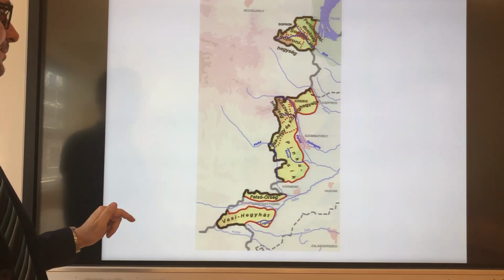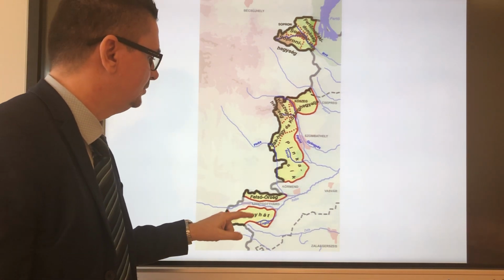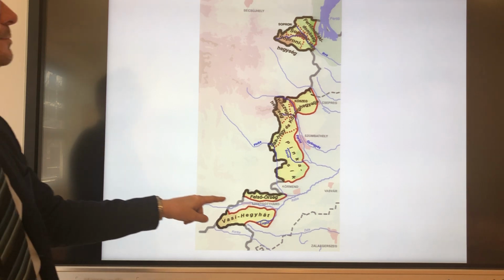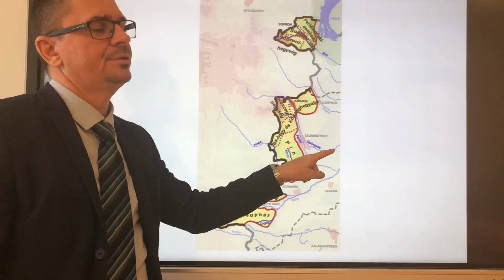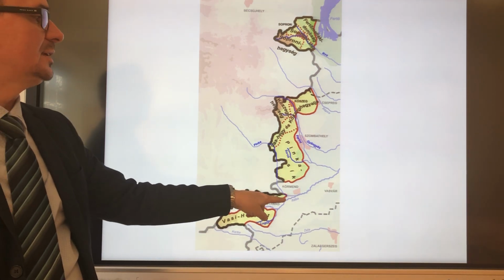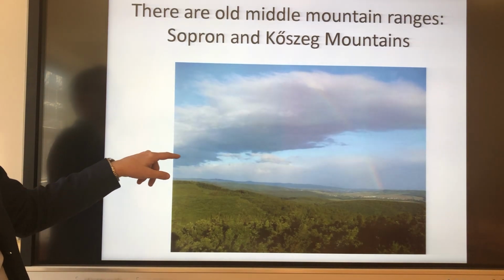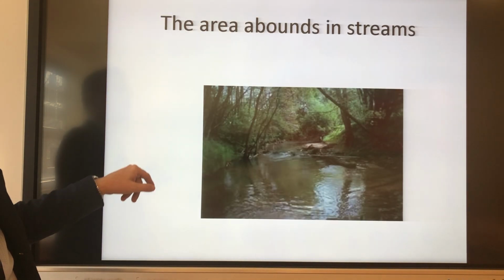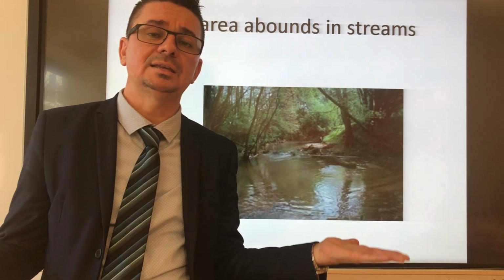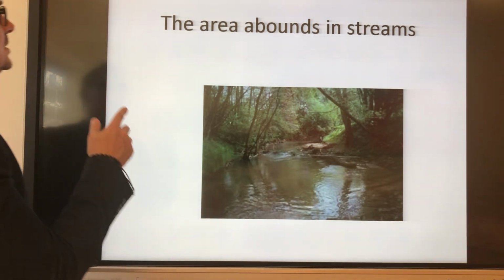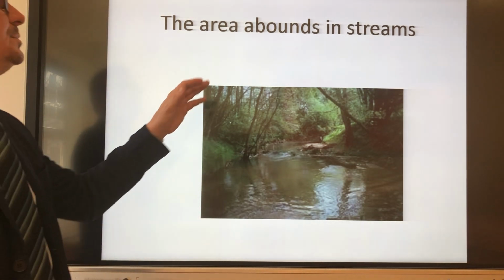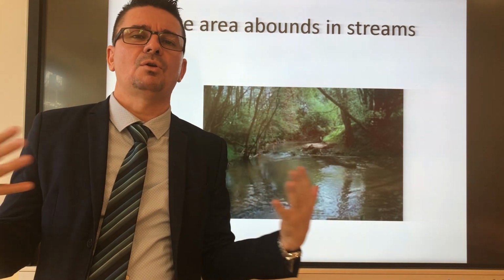Pinka, another nice name, Kerka, yeah? So, one of the bigger rivers also goes through this area, and it's called Rába. Probably you heard about that. So why are there so many streams and rivers? Because it's the rainiest part of Hungary. So the area abounds in streams. Abounds means there's quite a lot, yeah?